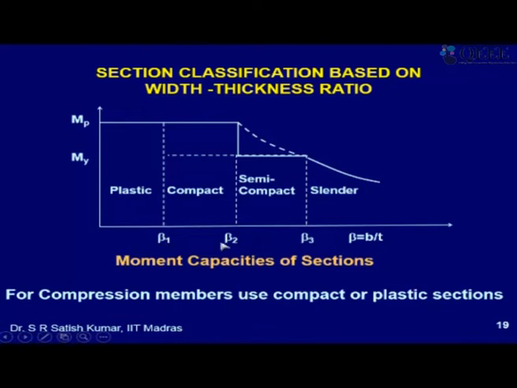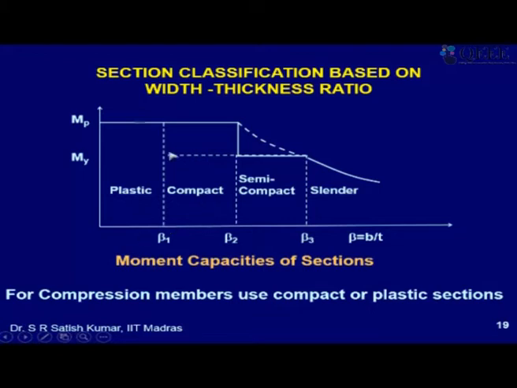So there are limits called beta 1, beta 2, beta 3 on the B by T values, which enable us to classify by just calculating B by T ratios. If my B by T ratio is less than beta 1, we will say it's plastic. If it's between beta 1 and beta 2, we will say it's compact.